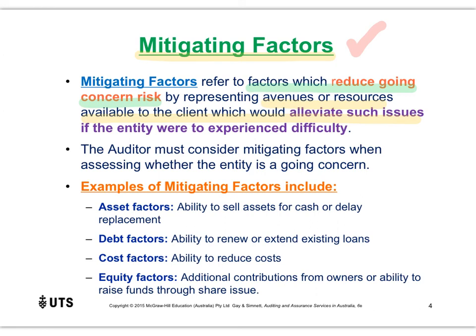Well, a really good one is if the business is experiencing financial difficulty, and that's a reason why they've got a going concern problem, well, do they have the ability to raise money somehow? Can they sell their shares? Can they sell their assets, I should say, and get cash, which can hopefully alleviate the financial difficulties that they have and can help them to, again, pay their debts as and when they fall due.